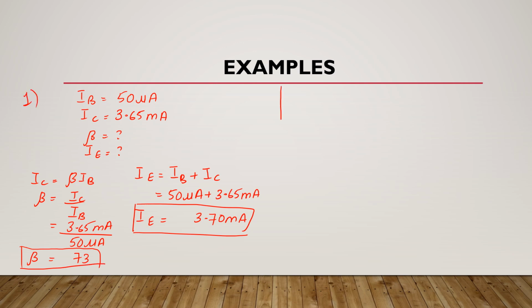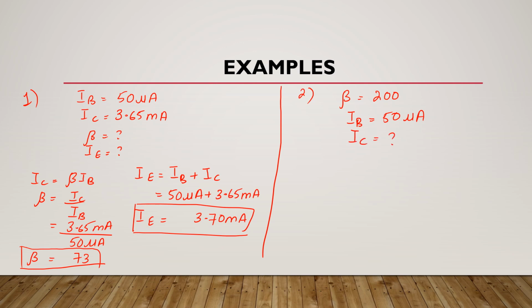Now if you have beta which is 200 and base current IB is 50 microamperes, then what would be collector current IC?